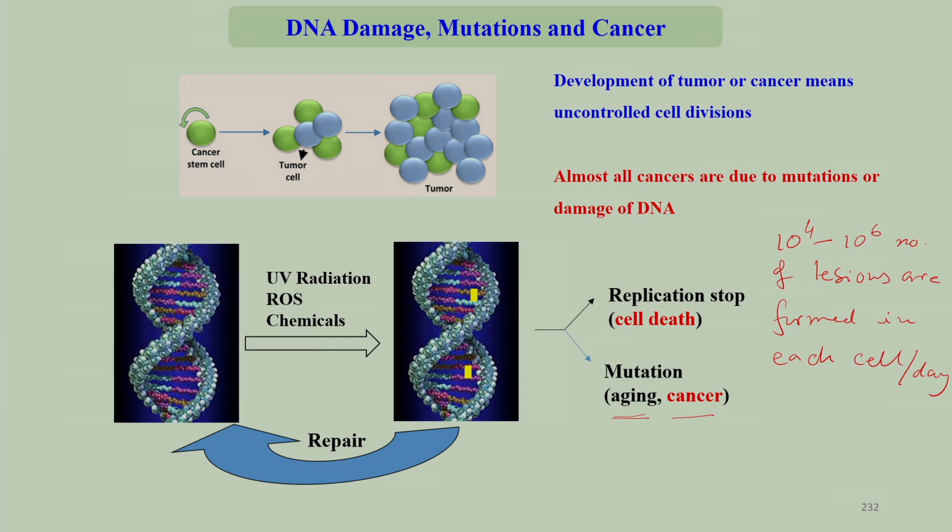So, the prime factors that lead to the damages are UV radiation, reactive oxygen species, in short ROS, or chemicals. Now, the question is why mutations happen, if even there is damage, why would mutations happen? This is the question we will answer in this whole module.